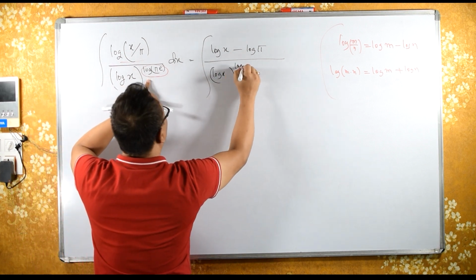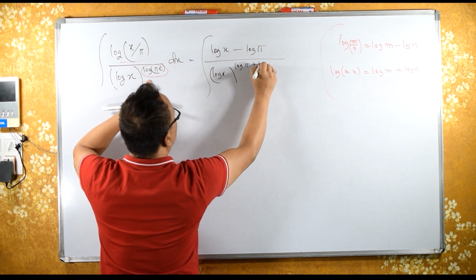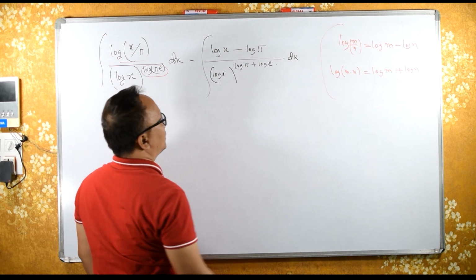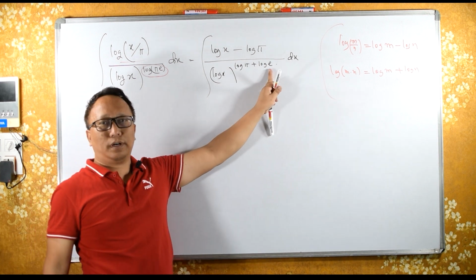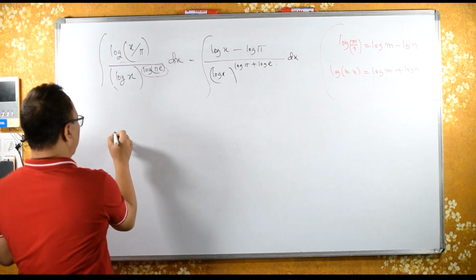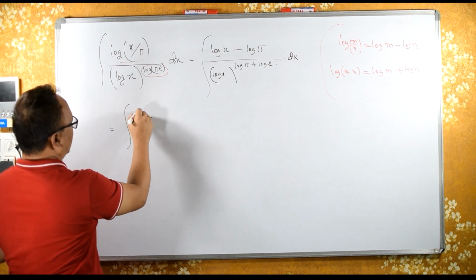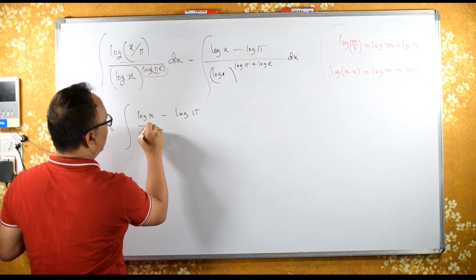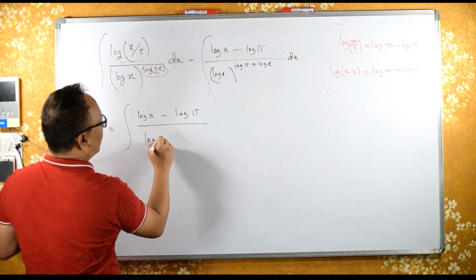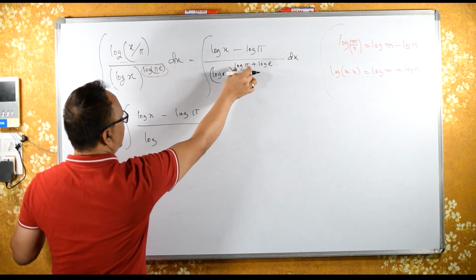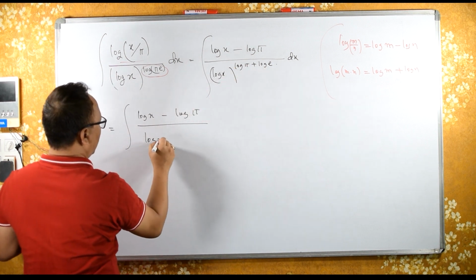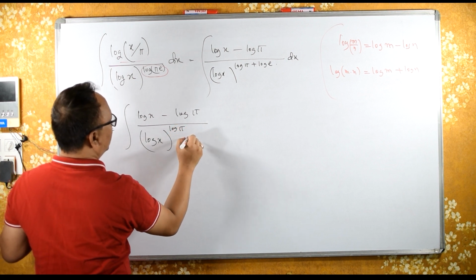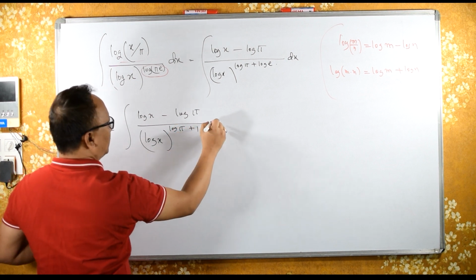Log of pi plus log of e into dx. We know that log of e is equal to what? 1. Therefore, this is the same as log of x minus log of pi upon log of x raised to log pi plus 1, okay, into dx.